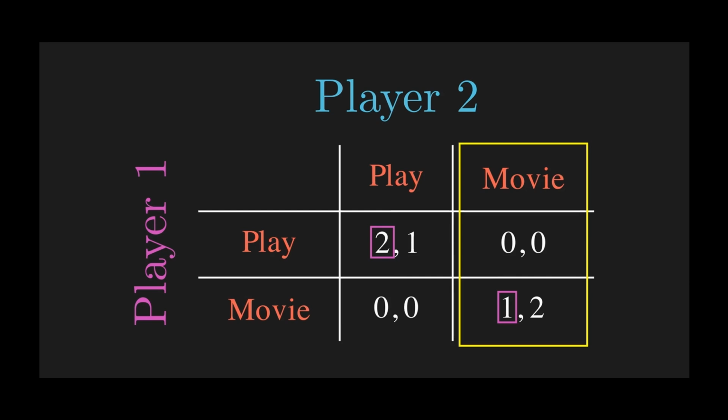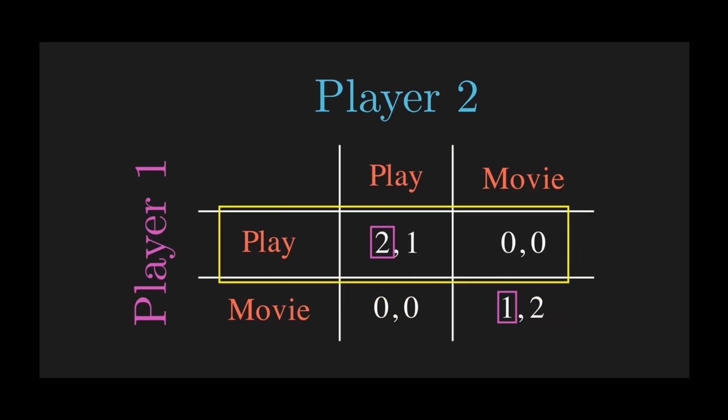So let's flip this. Let's think from the perspective of player 2 now, and we're going to use this systematic approach. If player 1 is going to the play, then what should you do as player 2? Well, just like for player 1, you want to match the action of the other player. So we have going to the play as a payoff of 1 and going to the movie as a payoff of 0.